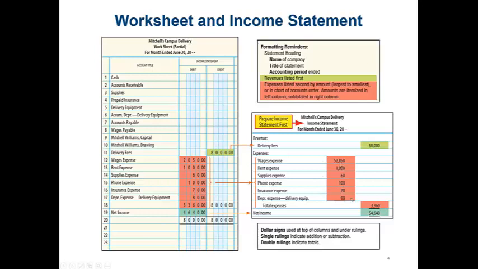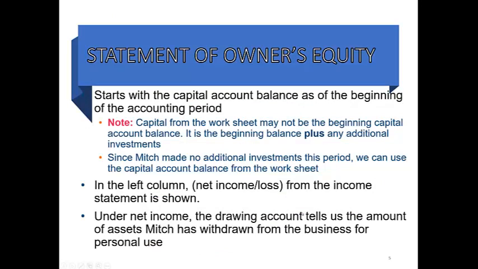We just total those and bring the total over to the right side so that it's lined up right underneath the revenue, and then subtract the two figures to come up with the net income. And remember, the net income flows over to the statement of owner's equity, which we'll look at next.